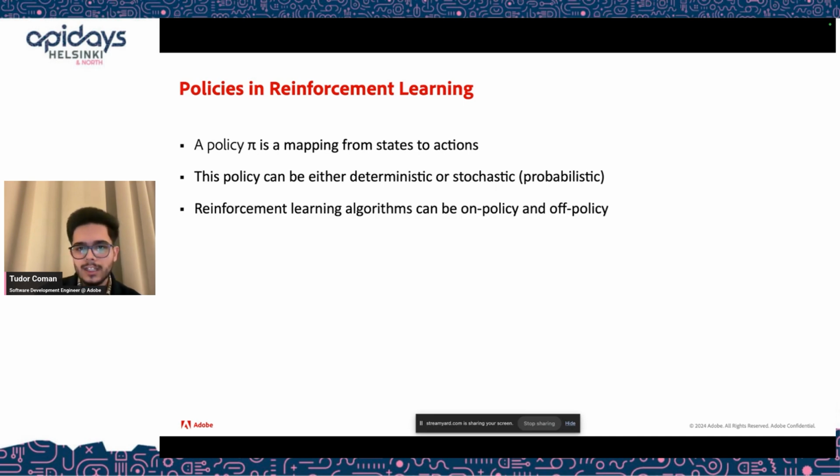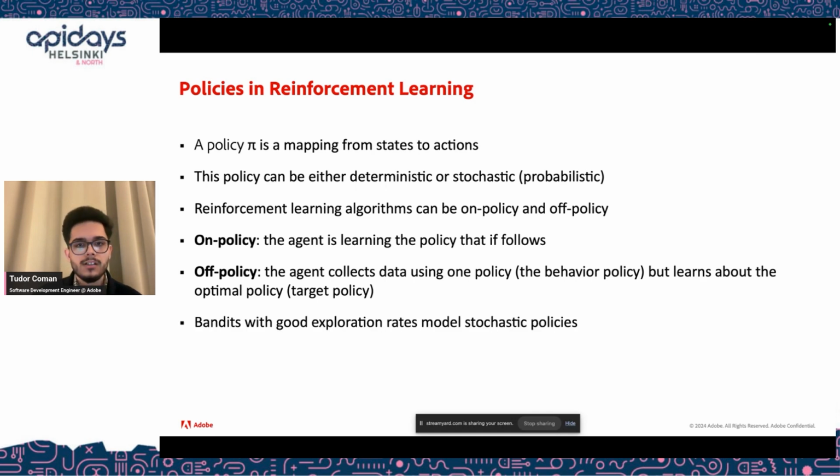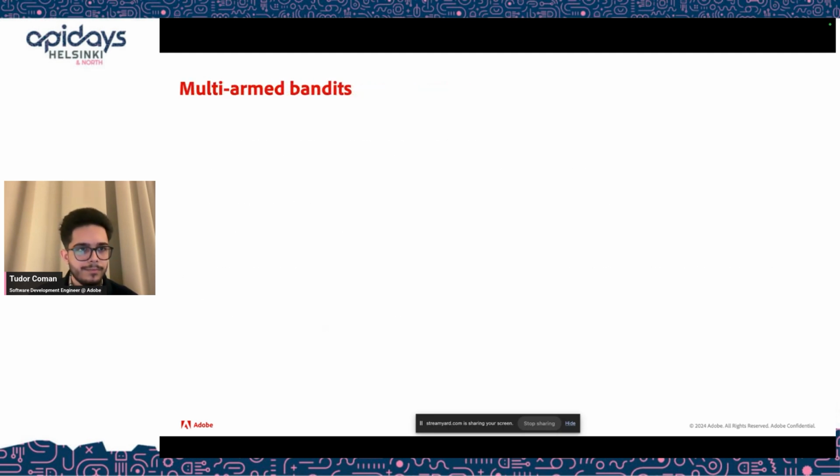And these algorithms can be on policy and off policy, meaning that on policy, the agent is learning the policy that it follows, and off policy is when the agent collects data using one policy, which we call the behavior policy, but learns about the optimal policy, which is called the target policy. Generally, bandits with good exploration rates model stochastic or probabilistic policies, because deterministic is very limited in this case.